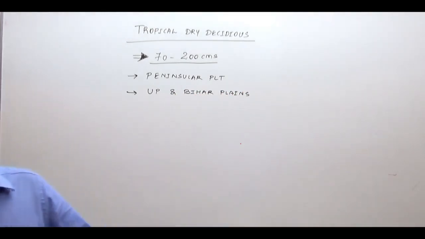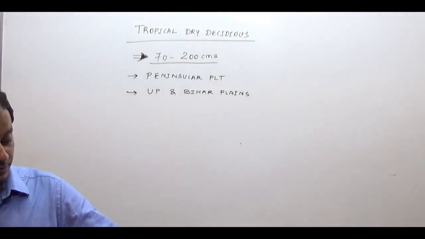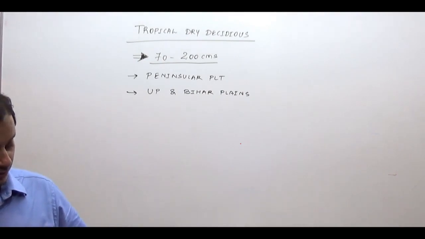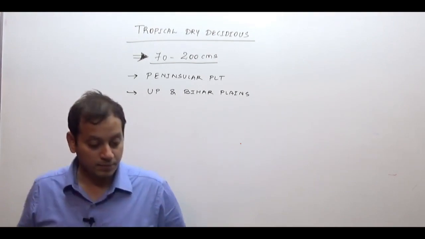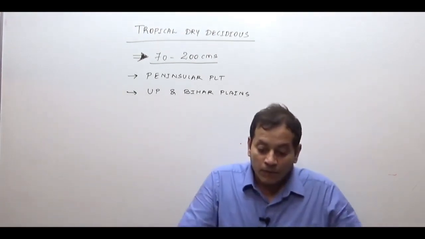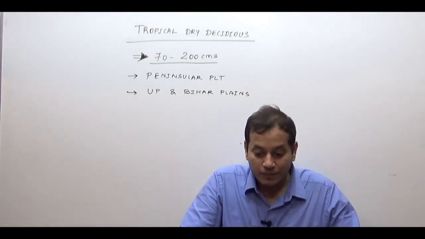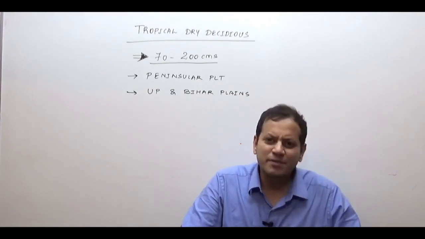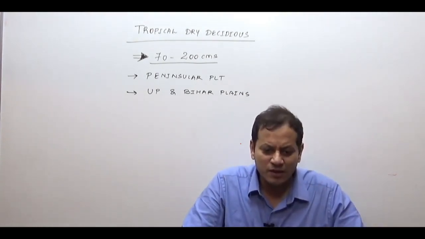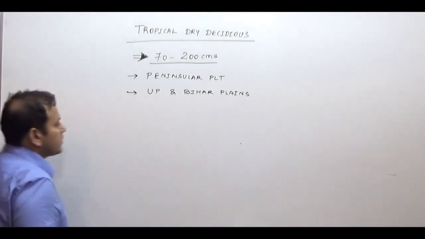It is found in the plains of Uttar Pradesh and Bihar, and all along the foothills of the Himalayas in the drier part. Except for Rajasthan, it is not found in Rajasthan. Now, what is important about the dry deciduous forest?